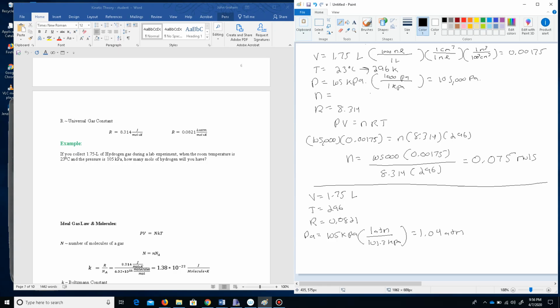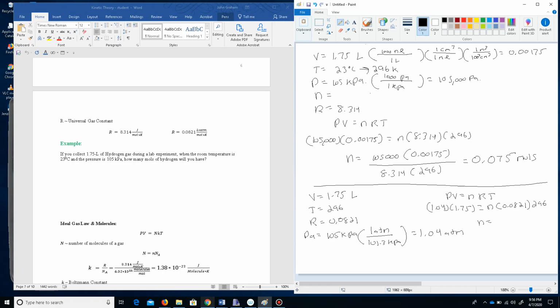And then when we plug this in, PV equals nRT. P is 1.04 times 1.75 equals n times 0.0821 times 296.